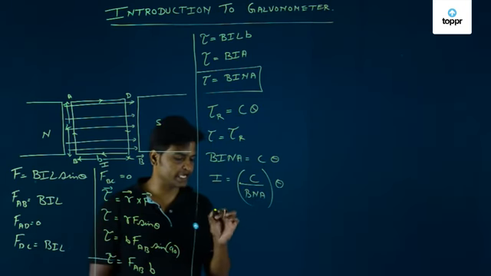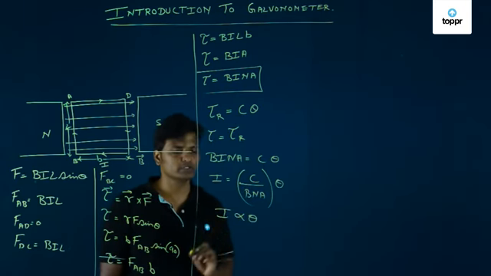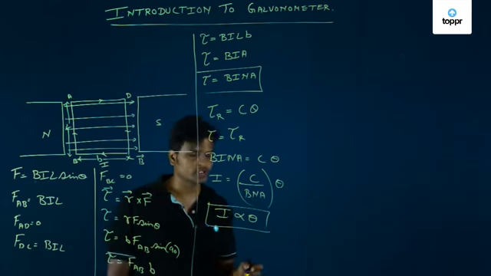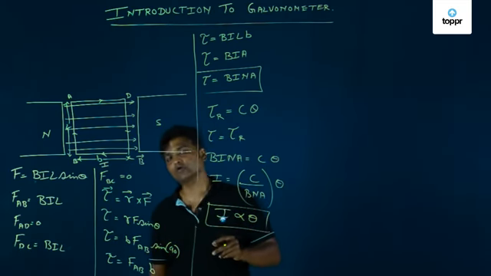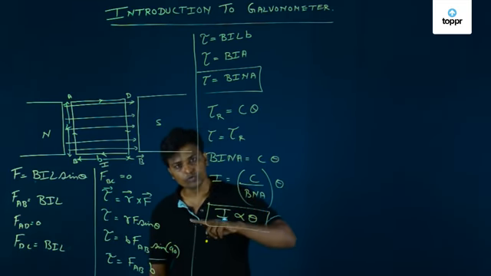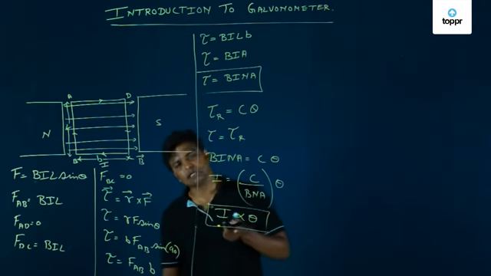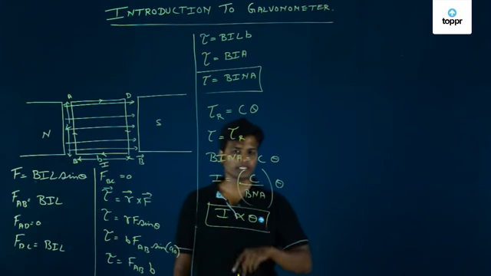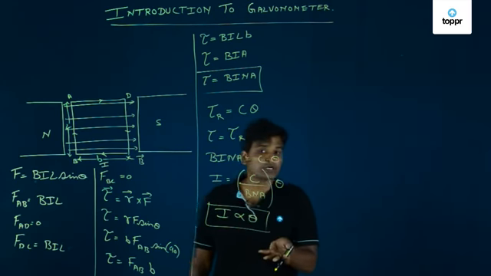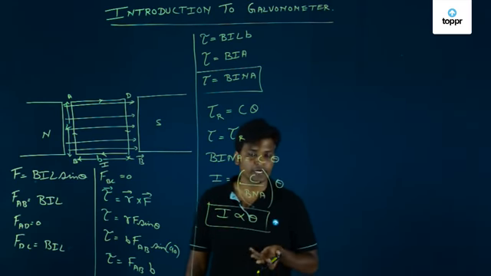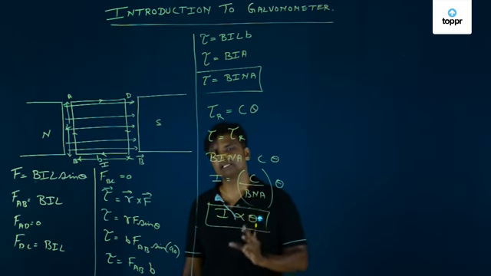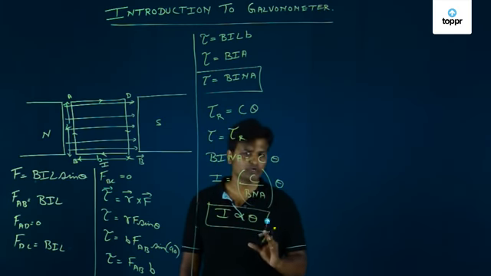So I is directly proportional to theta. That means if I provide more current, the deflection of the needle will be more. With less current, the deflection will be less. This is actually what is desired in the galvanometer. This is how a galvanometer works.